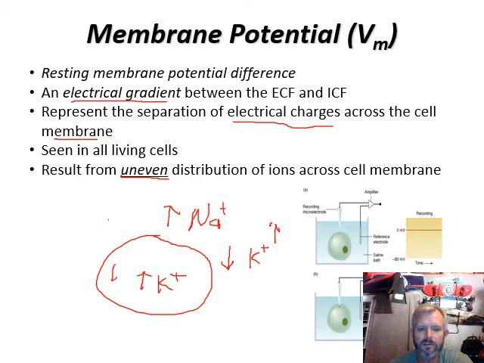Okay, inside, low sodium. Remember, these have charges. So one of the main factors in maintaining this negative 70 millivolts is an uneven distribution of ions, with sodium high outside, low inside, potassium high inside, potassium low outside.